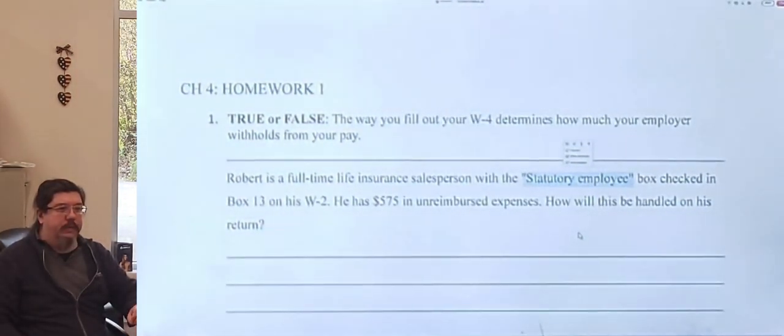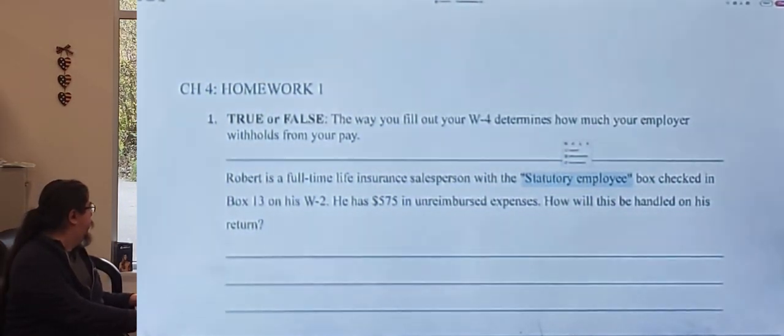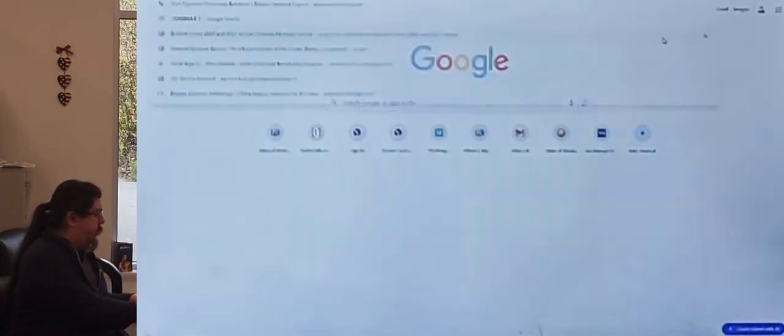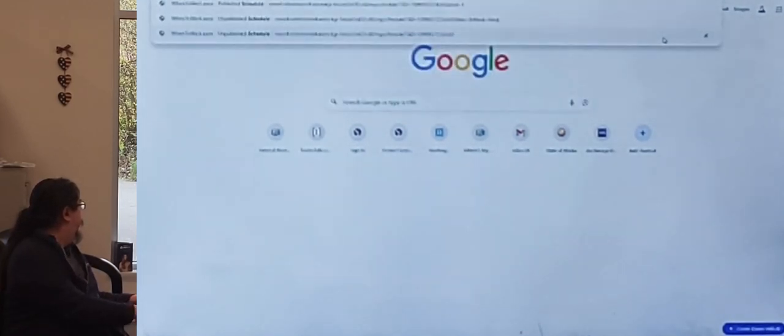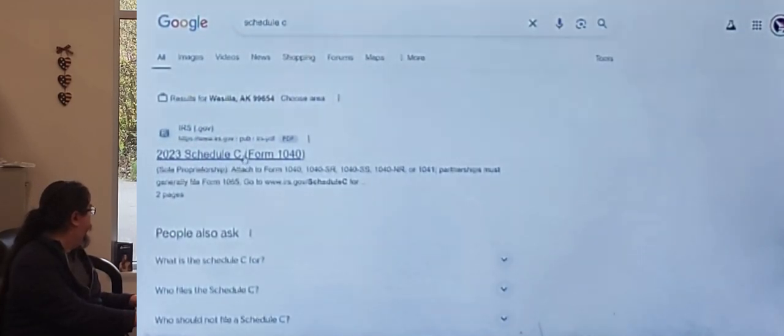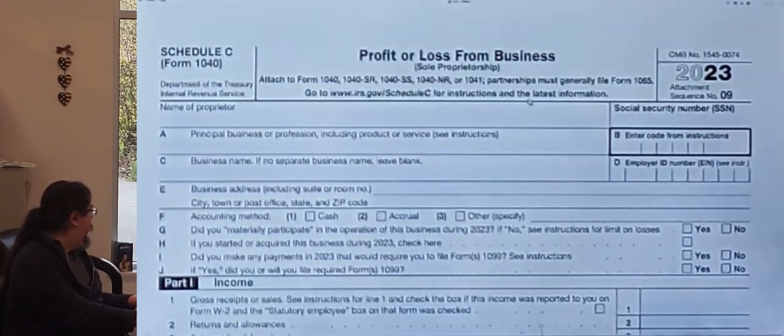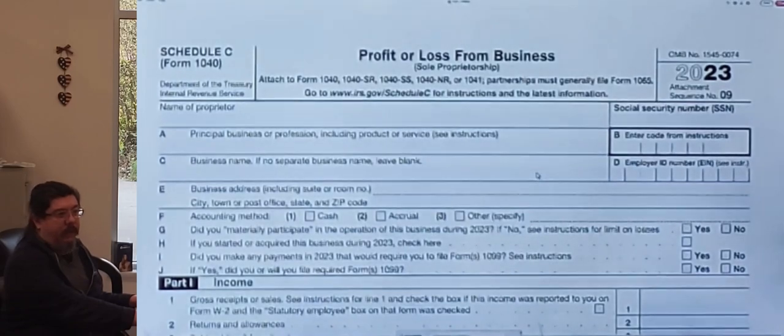For income tax purposes, he can fill out a Schedule C, profit or loss from business. He'll put all of his income as gross revenue on a Schedule C, and we'll talk about Schedule C more in Chapter 11, I believe. This is what a Schedule C looks like.